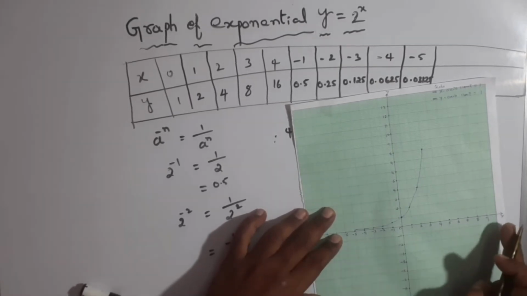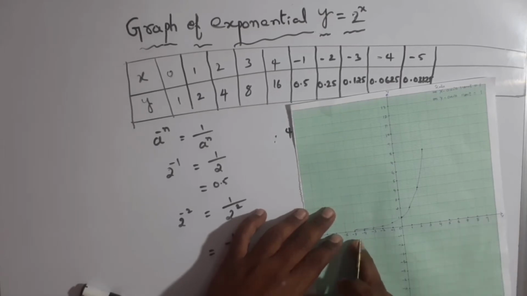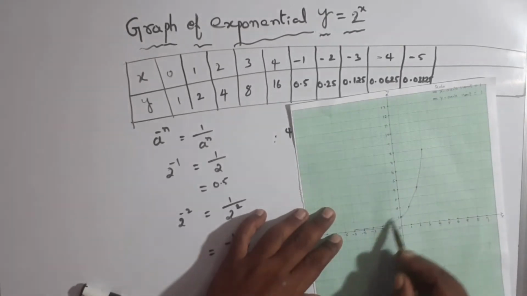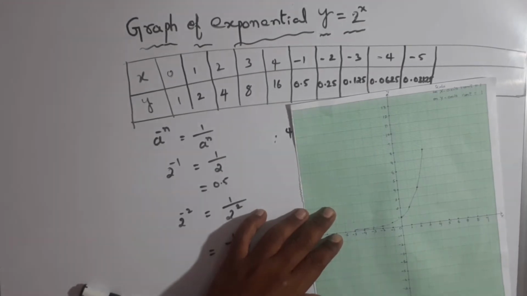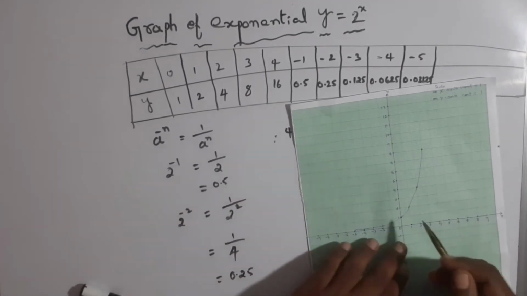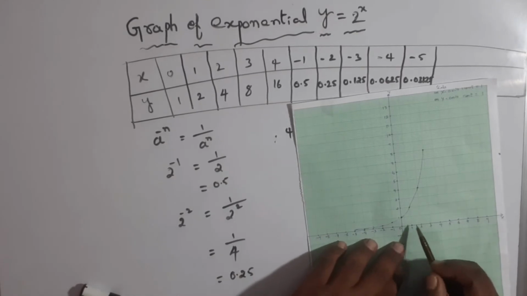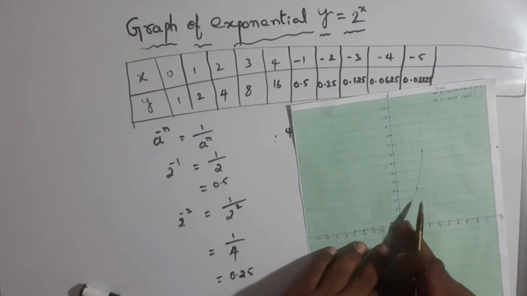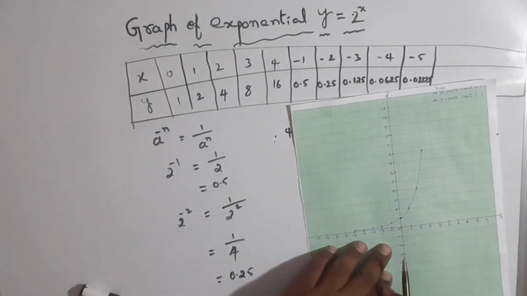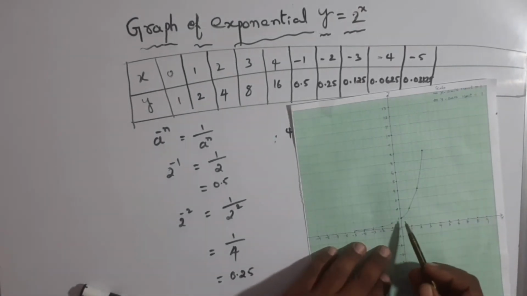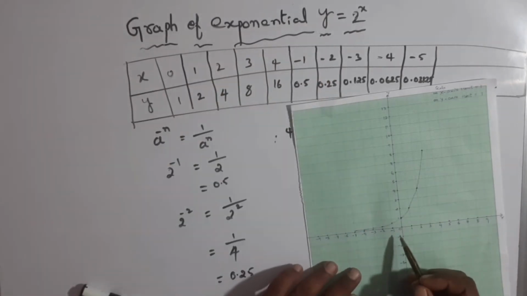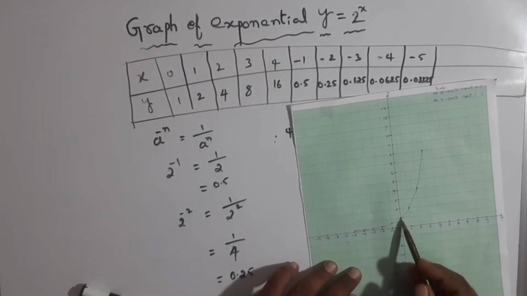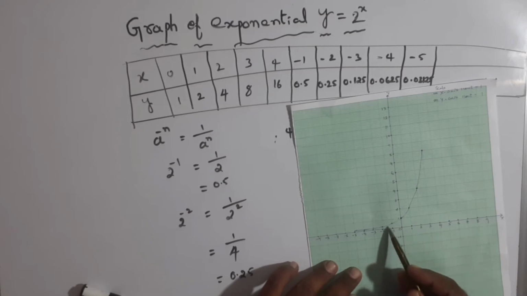On the x-axis the y value is 0, meaning the graph is neither touching nor intersecting it. For positive x, the graph is increasing exponentially. But when x is decreasing, if you take negative x values, it is slowly falling down, but it never touches the x-axis.